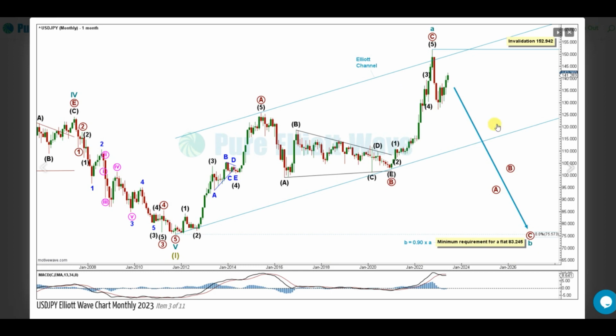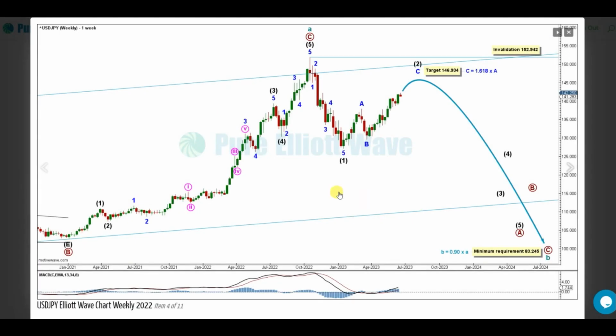On the weekly chart, we'll take a look starting at the end of primary B, looking at this structure here. Here we have the weekly chart, the end of primary B, going up into primary C, completing cycle A, and from there we're going down into cycle B. Within cycle B, it's going to subdivide as an A, B, C, and we have the first primary A wave subdividing as an impulse right now, very cleanly in fact, for intermediate 1, and then we're going into intermediate 2 right now.